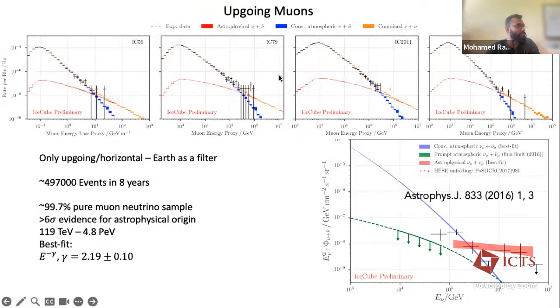The evidence for an astrophysical flux of neutrinos has subsequently been confirmed also in other non-overlapping channels of IceCube. That is, if you don't use a veto and you look at only track-like events which are going in the upward direction when you're standing at the South Pole, which then have to be only neutrinos because muons will not traverse the whole Earth and reach there. They will range out.